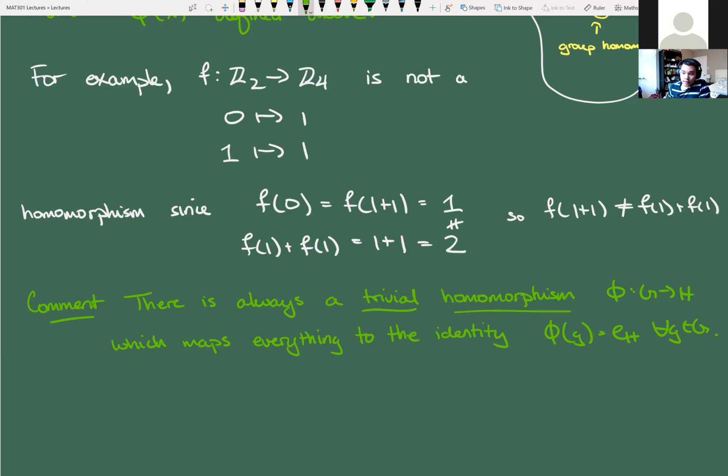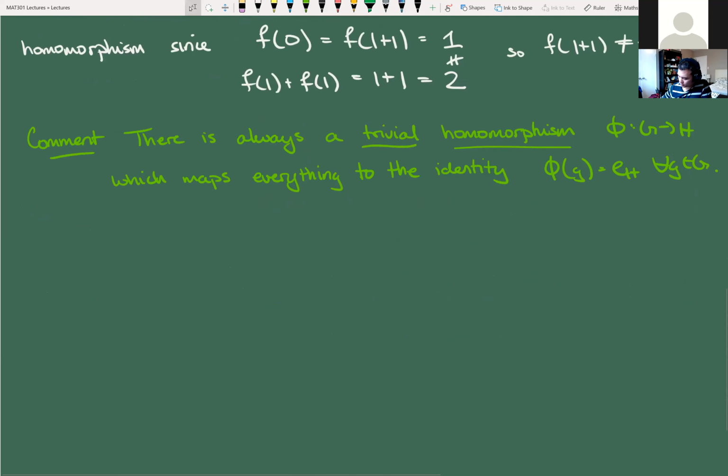Okay. Now, can anyone see immediately that there are a couple of very low level propositions that we can prove about homomorphisms? Again, I said we want a homomorphism to somehow preserve the group structure. Well, what's the other critical part of a group?